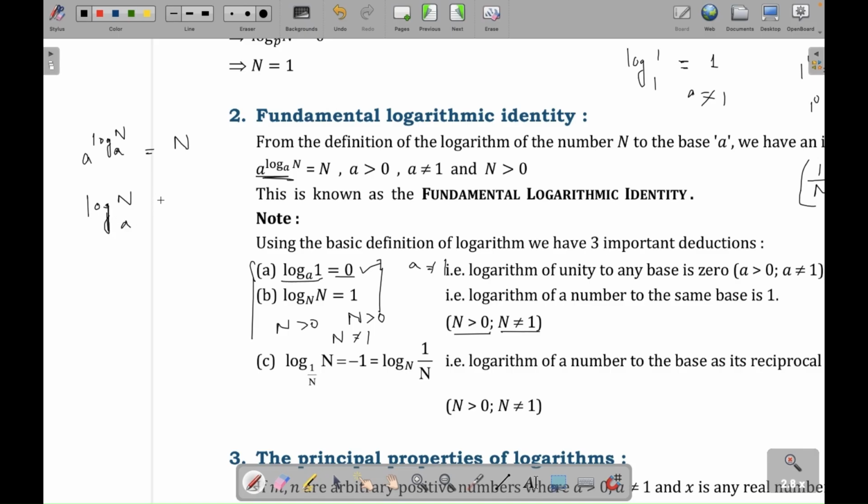This is the definition, which means a to the power x is equal to n. Now instead of x, I can substitute log n to the base a, and I get this identity. We are just using the definition here.